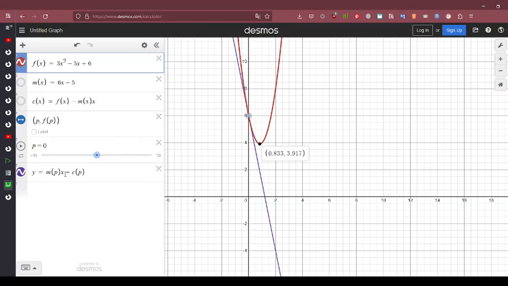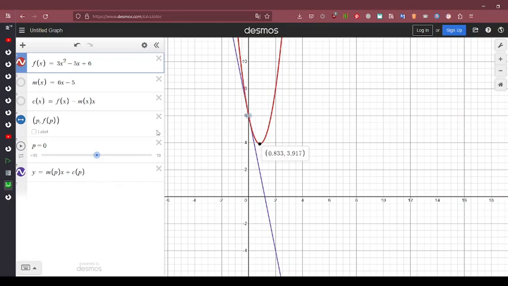So the gradient at 0.833 is some value times x plus c of 0.833, which will yield the c value at 0.833. It'll say that y at that point, which is 3.917, when you plug it into f of x, minus the gradient at that point times x, you get the c value.